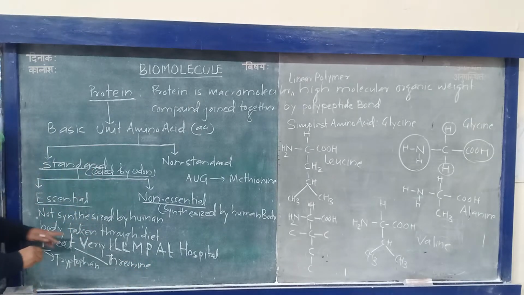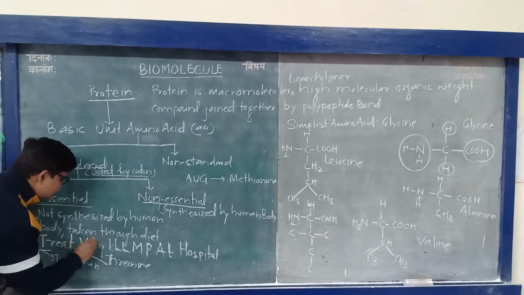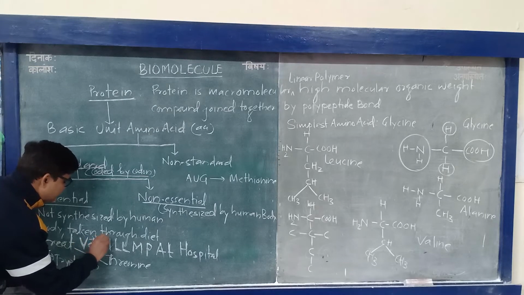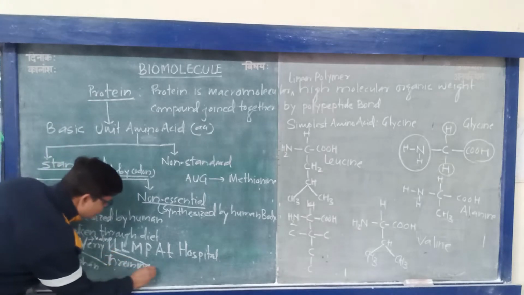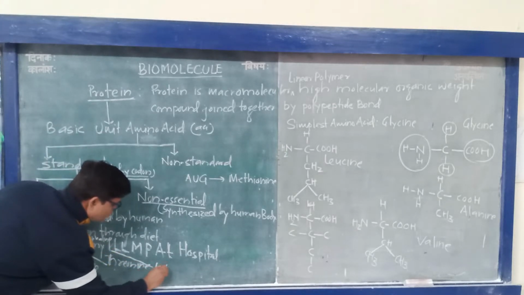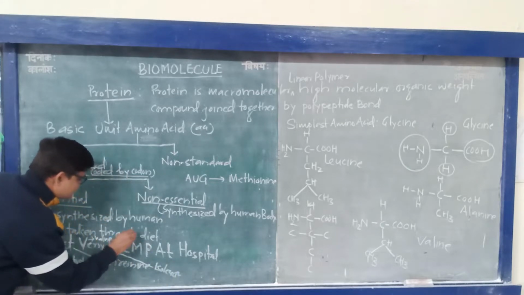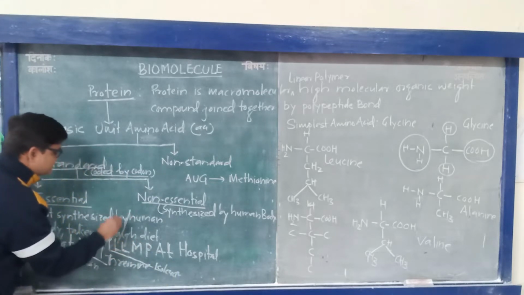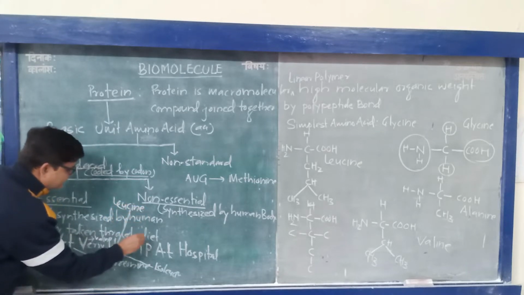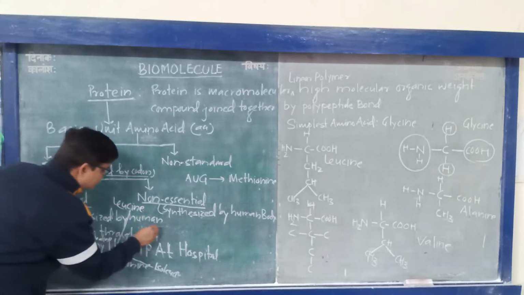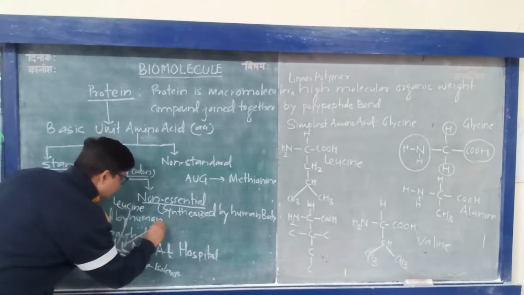V is valine. I denotes isoleucine. Then L is leucine. And that one is lysine.